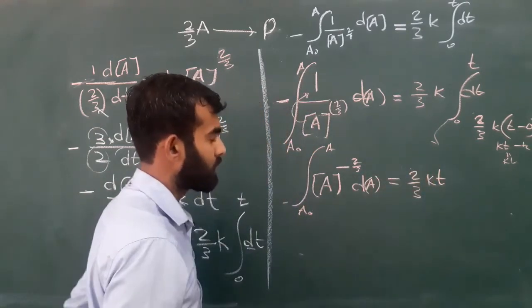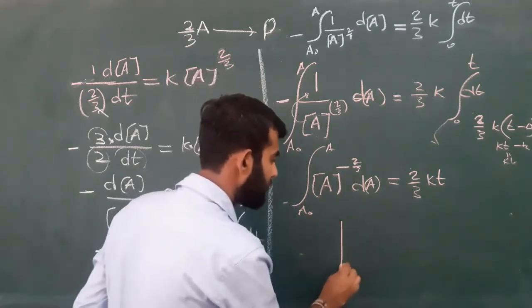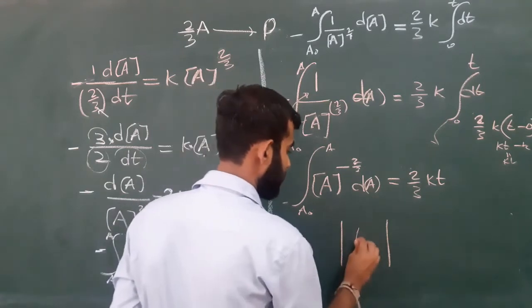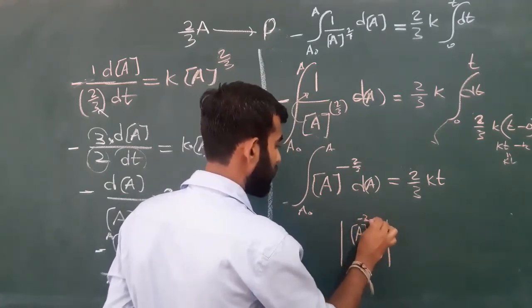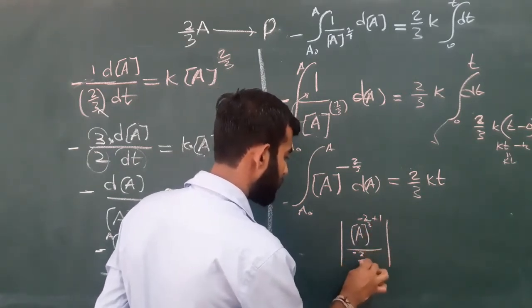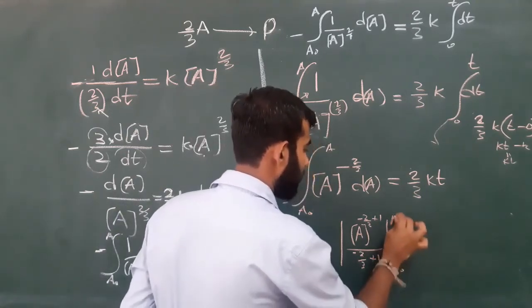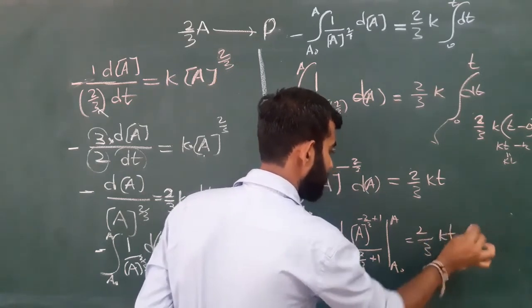Okay. Now we can use the power rule. The answer will be, we have to put the answer inside the bracket. A to the minus 2 over 3 plus 1, divided by minus 2 over 3 plus 1, A naught to A, equals 2 over 3 kt.